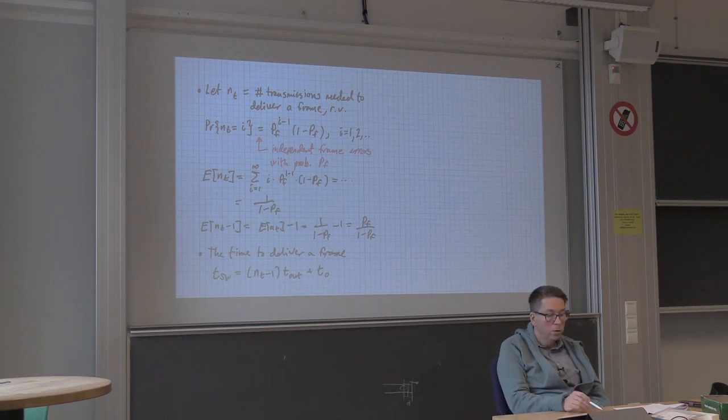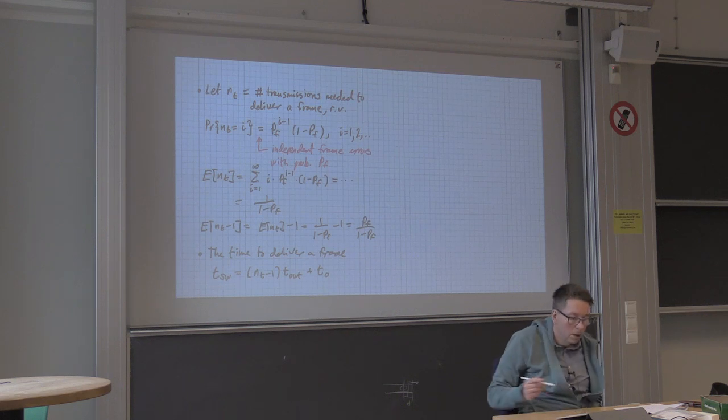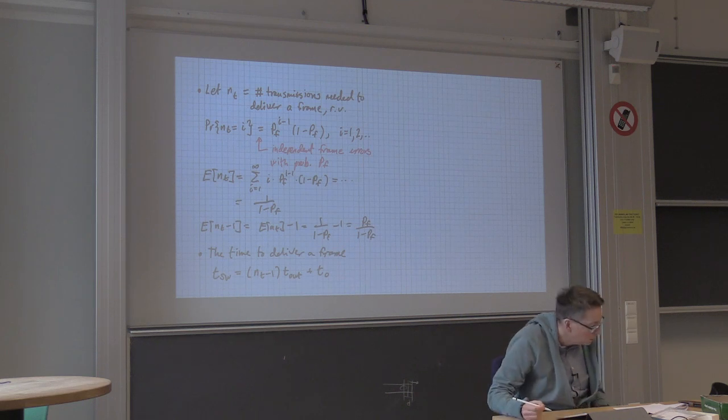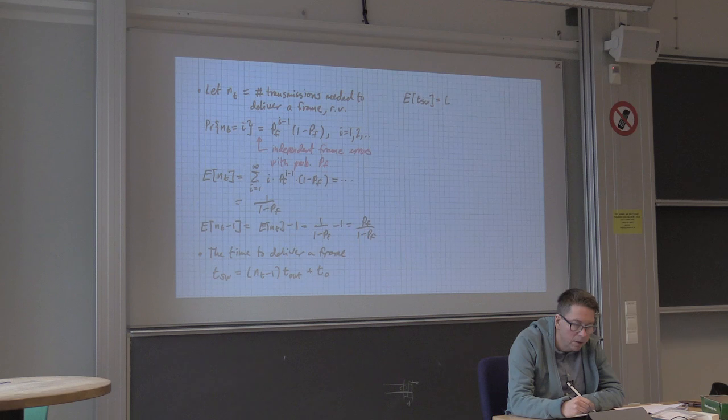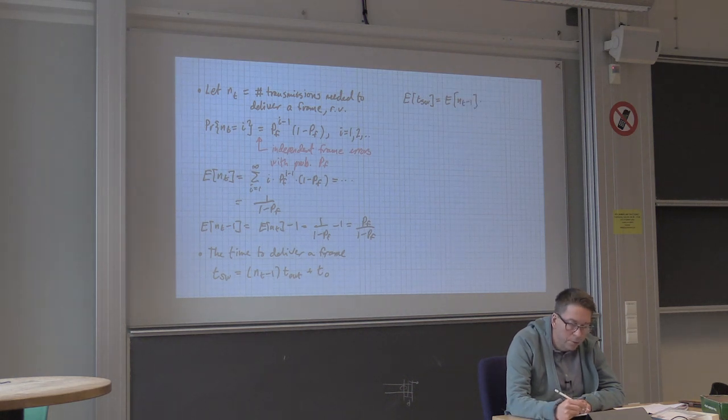Now we can calculate the expected time it takes to deliver a frame. The expected value of TSW is the expected value of the random part, which is nt minus 1, multiplied with the timeout time, plus t0.